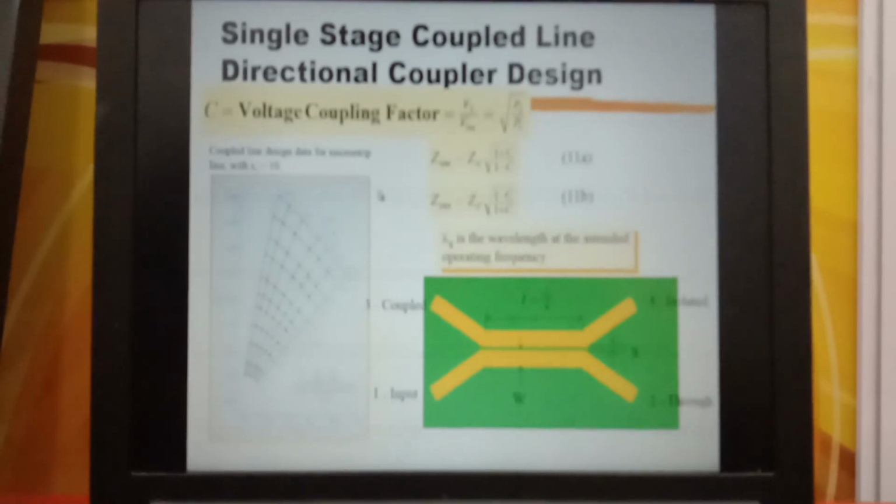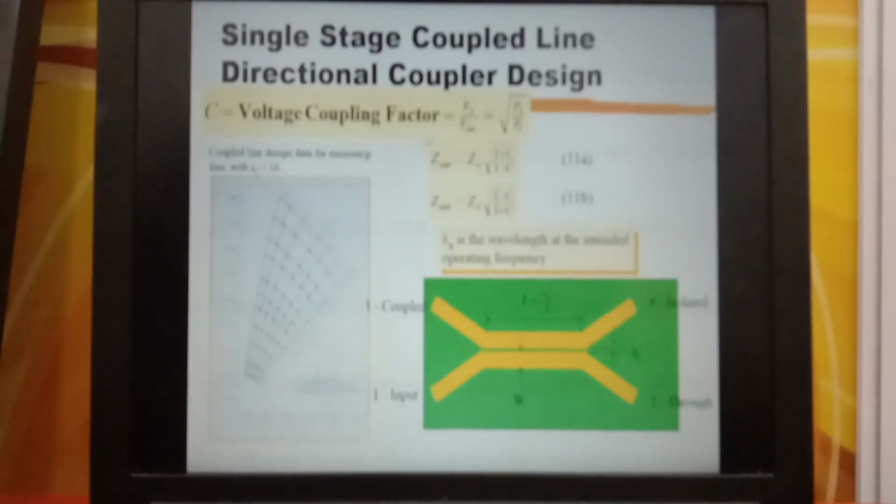It can be shown that the voltage coupling factor, or the voltage at port 3 divided by the incident input voltage, where this is the port where we input the signal and a fraction of the signal is coupled to port 3, the voltage at port 3 divided by the voltage at port 1, is the square root of the power at port 3 divided by the power at port 1.